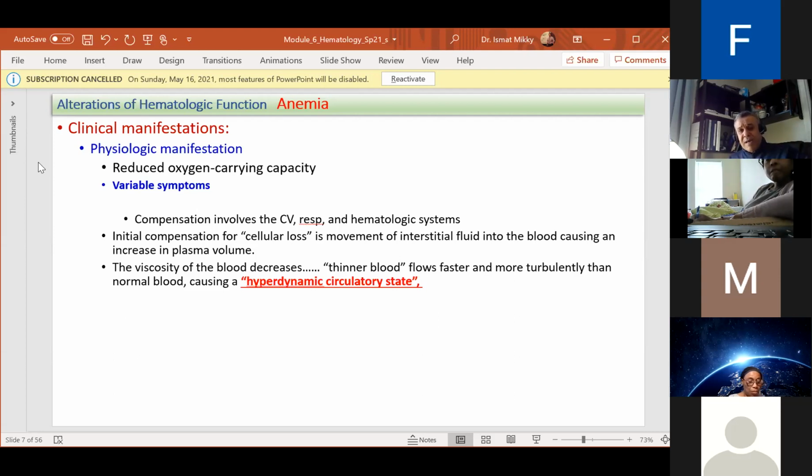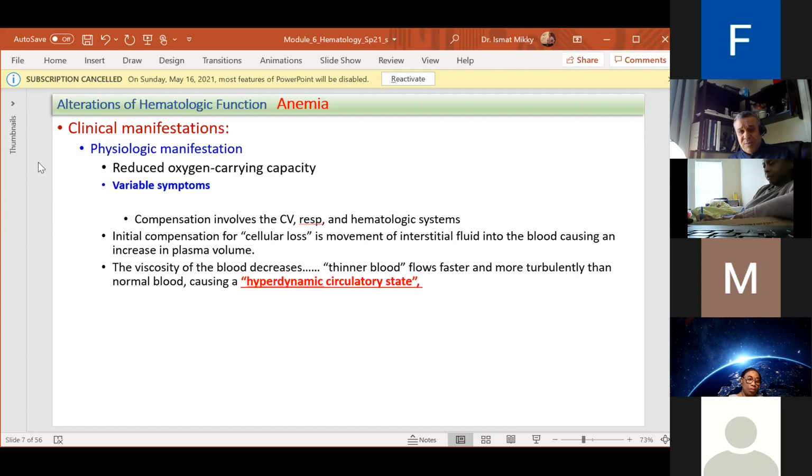I know that the mechanism is quite complex, but just know that patients with anemia tend to develop what is called the hyperdynamic state, and that requires the heart to compensate by increasing the cardiac output. And if it stays longer, then that would result in failure, which means that we have to correct the anemia as fast as possible.